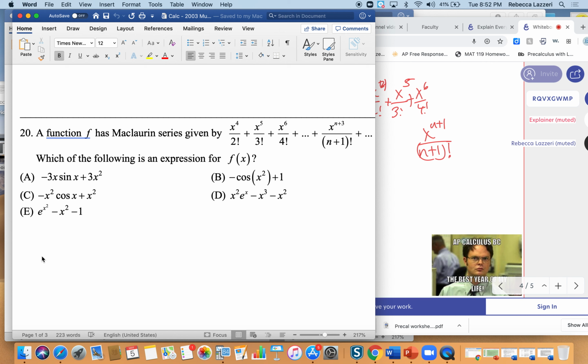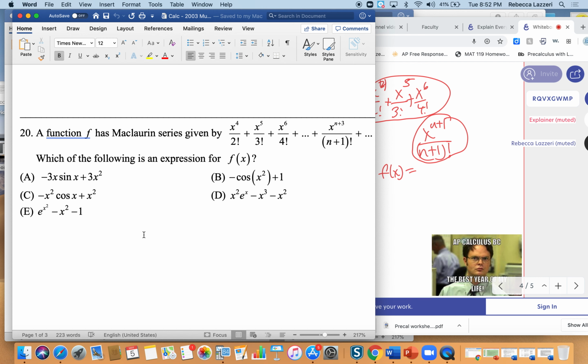And so it says, which of the following is an expression for f of x? So I'm having to pull this apart to figure out what f of x is. A function f has a Maclaurin series given by this, and this is its pattern in general terms.